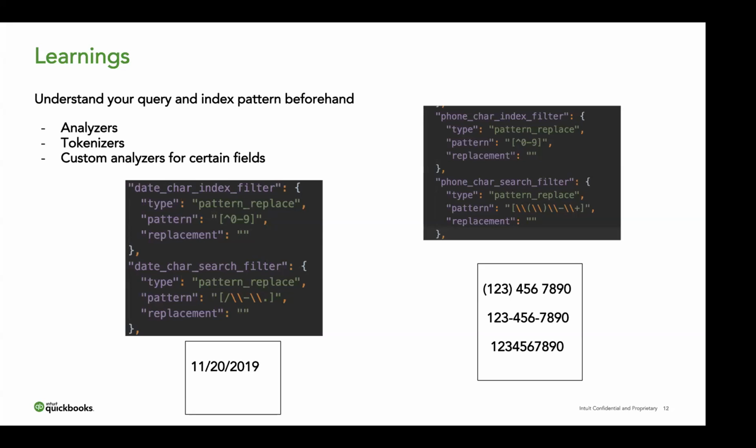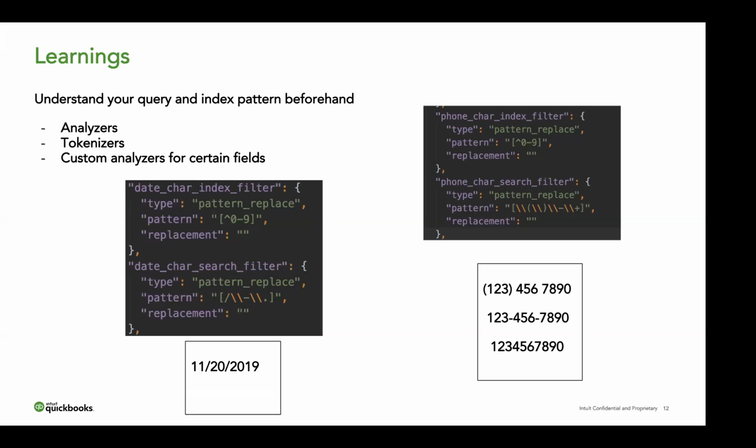Something like UK would use date, month, and year. So we had to provide custom analyzers, which you can do in Elasticsearch, to provide searching on DDMMYY or MMDDYY, etc. The second one on the right is phone numbers.